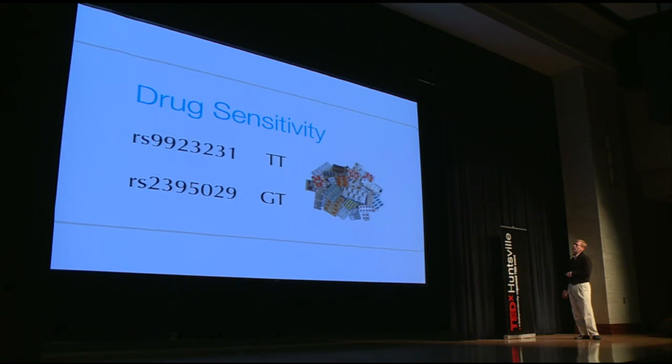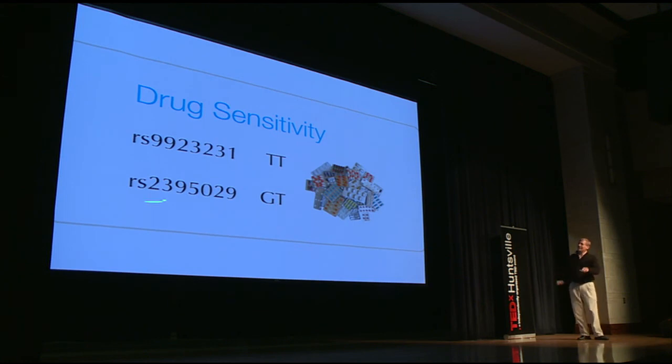All right, let's finish up. Drug sensitivity. This is an area where I think we're going to see big value. This top one, this variant, tells me that I am very sensitive to warfarin, also called Coumadin. It's a blood thinner. So if I take Coumadin, if my doctor prescribes it for me, we need to start me on a much smaller dose to prevent my risk of bleeding to death.